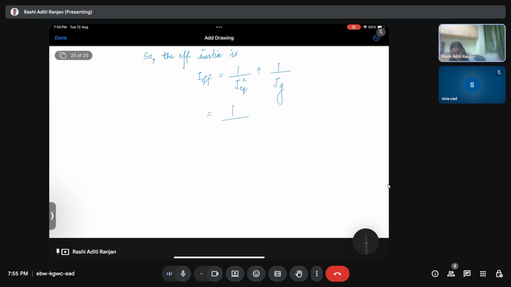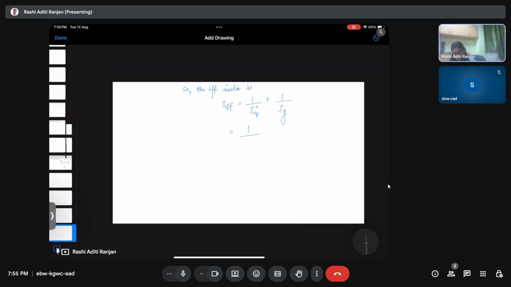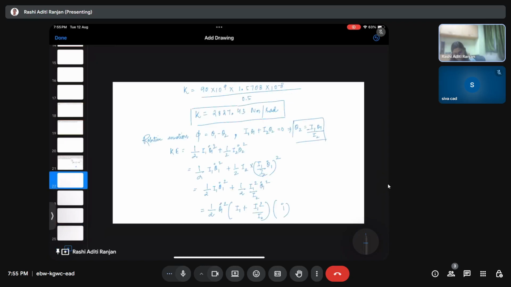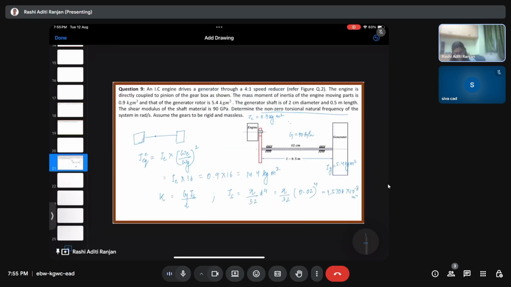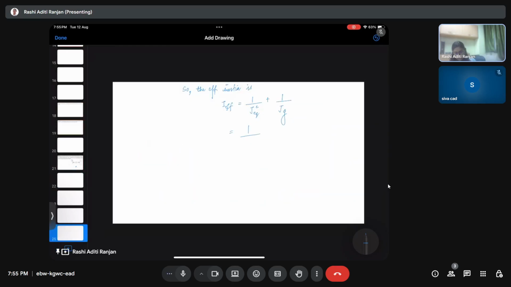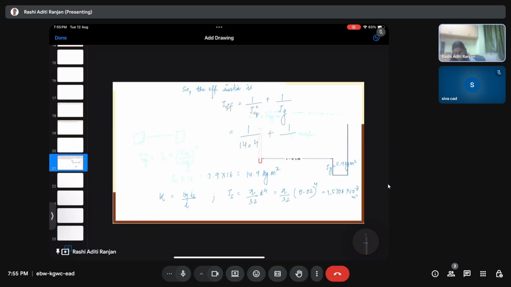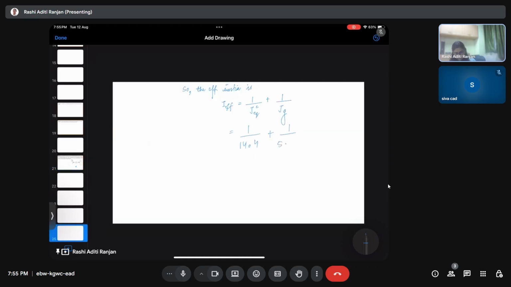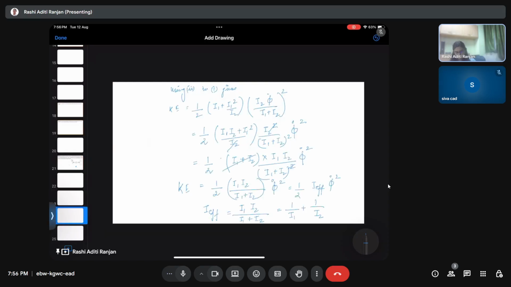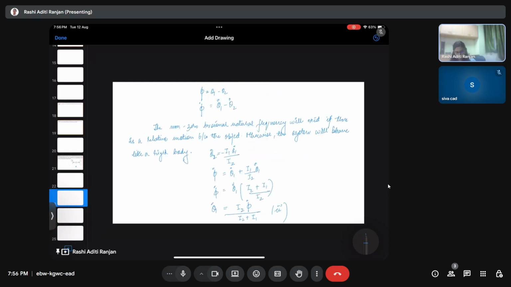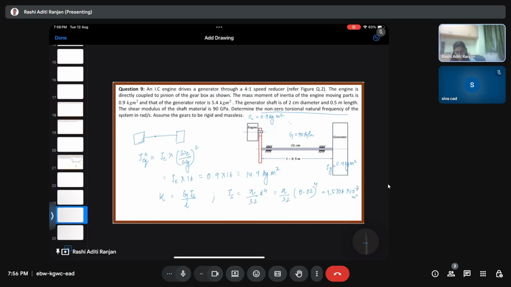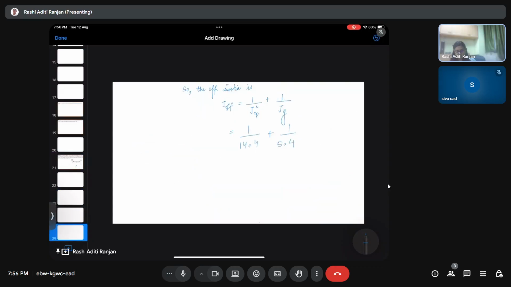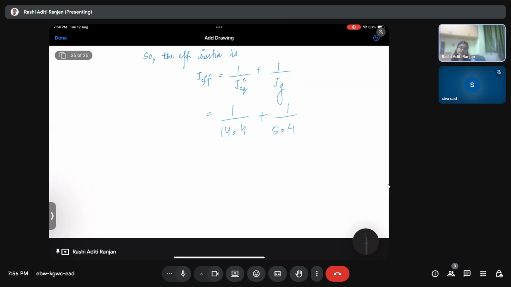And as I obtained, 1 by J EQ of engine was 14.4 plus 1 by 5.4. So this is going to be the I effective.